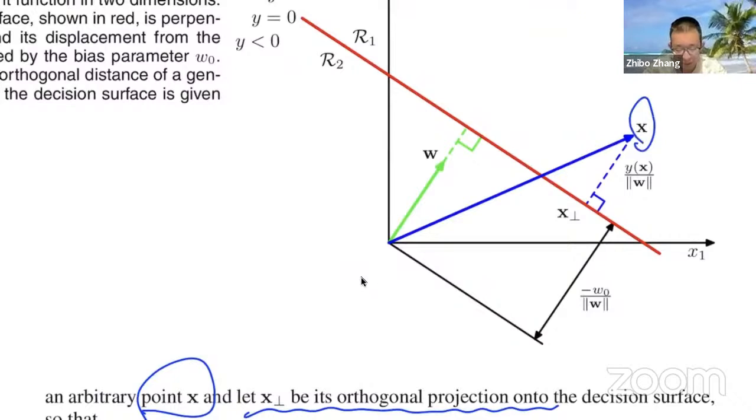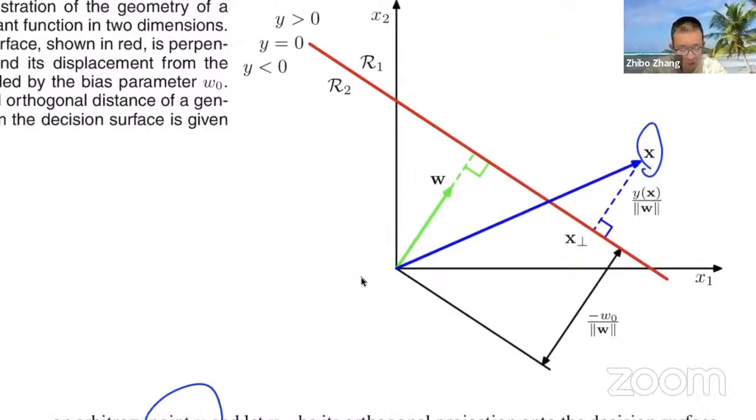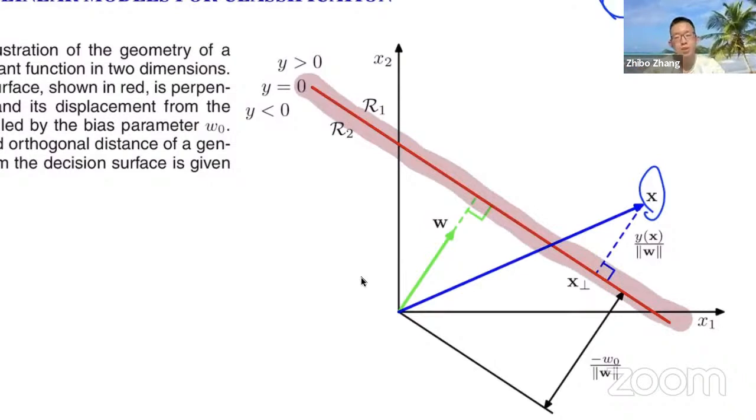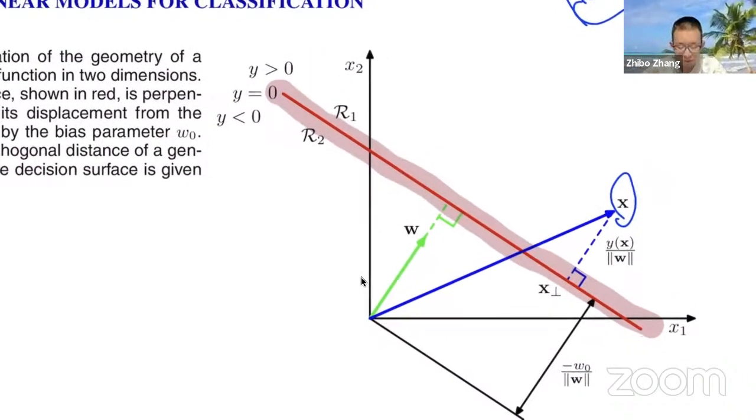This is x, and this line here is the decision boundary that the author provides.